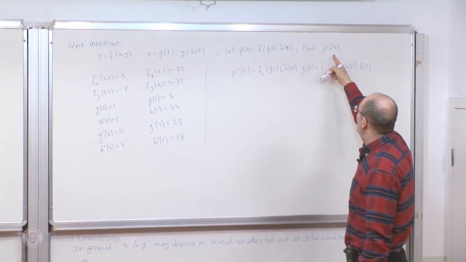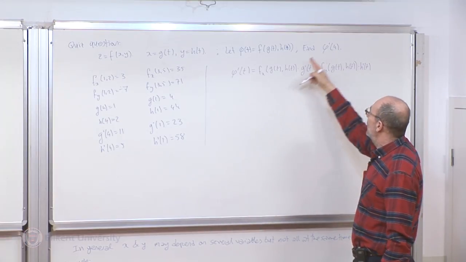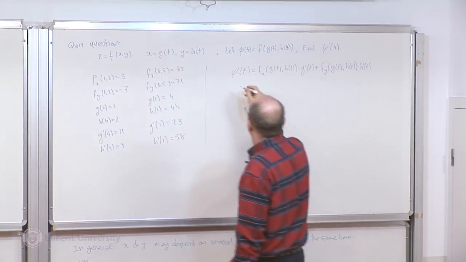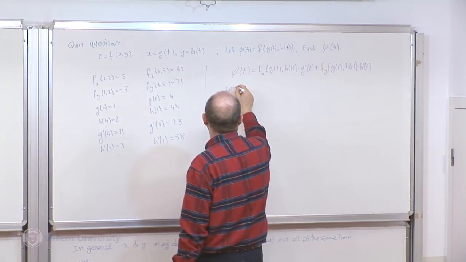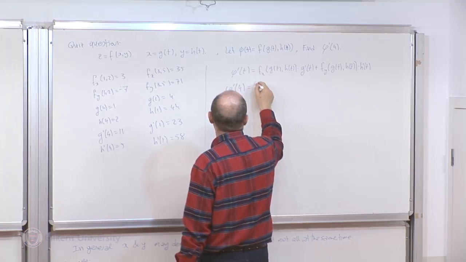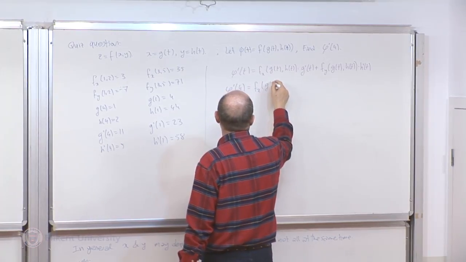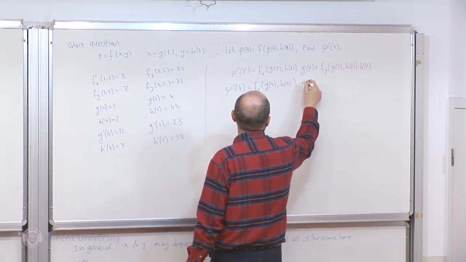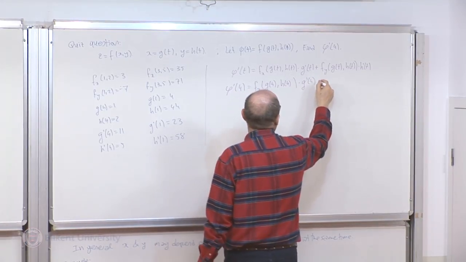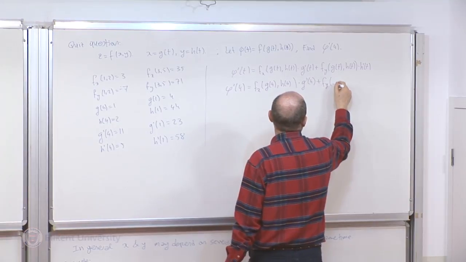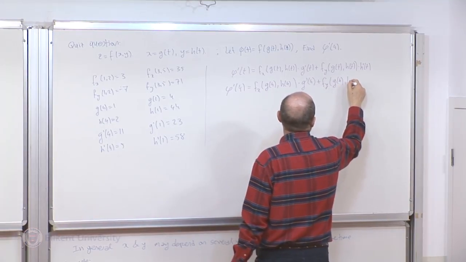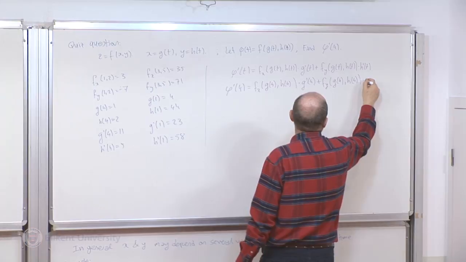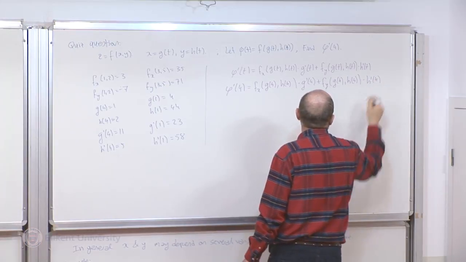Okay, so what was the question? In this expression, put t equals 4. Since this is just a demonstration, I'll rewrite the whole thing. F_x of g of 4, h of 4 times g prime 4 plus f_y of g of 4, h of 4 times h prime 4.